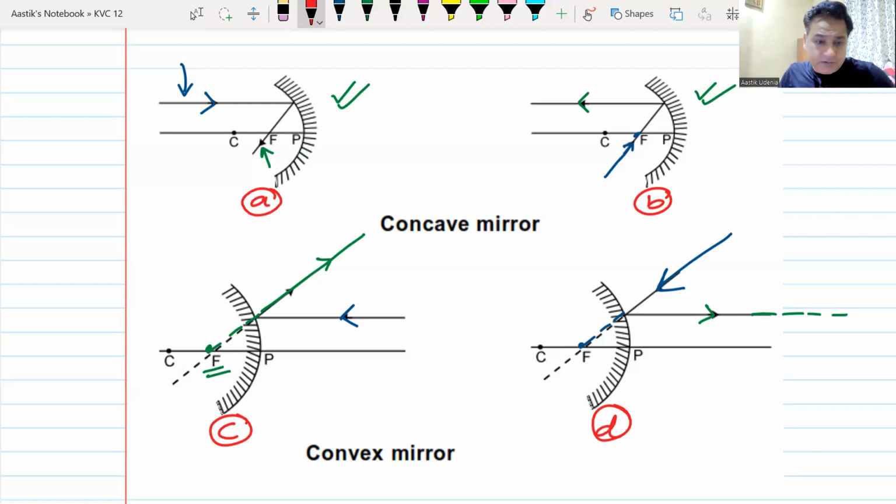Once you are done, we will write the actual definition of this principal focus. Once you are done, please let me know, beta. As I said, diagram B and D are not important. If you understand A and C, that is more than enough.